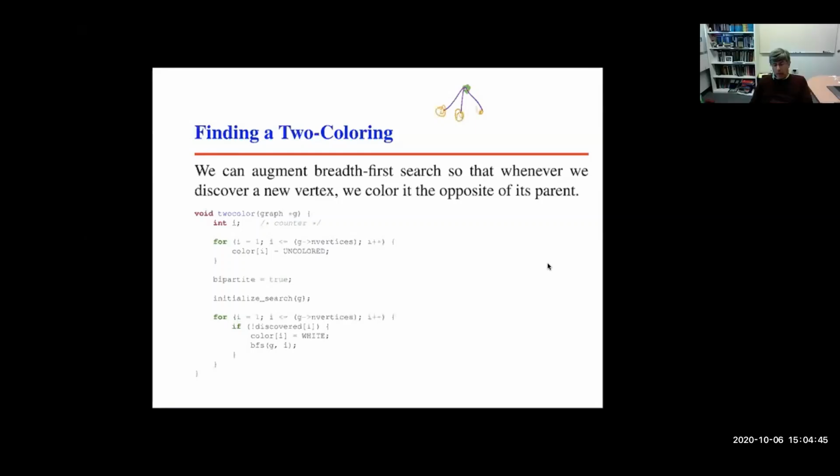And likewise, if in the course of our breadth first search we find an edge between two vertices that are both colored orange, that would say we've got a problem.